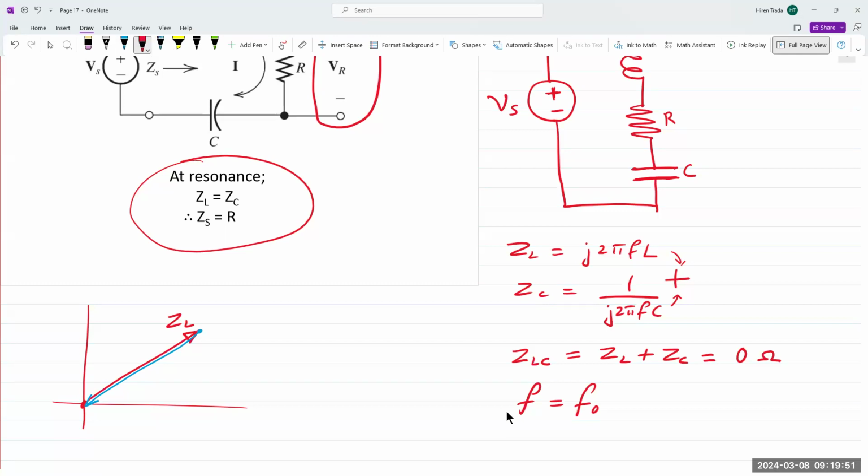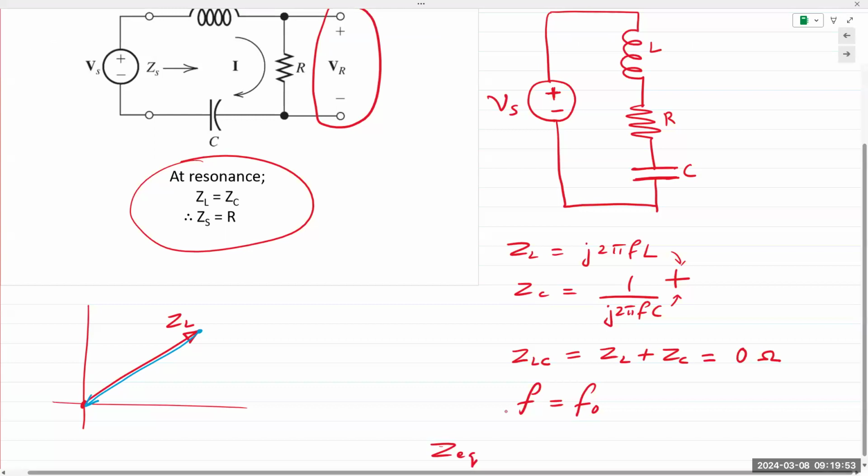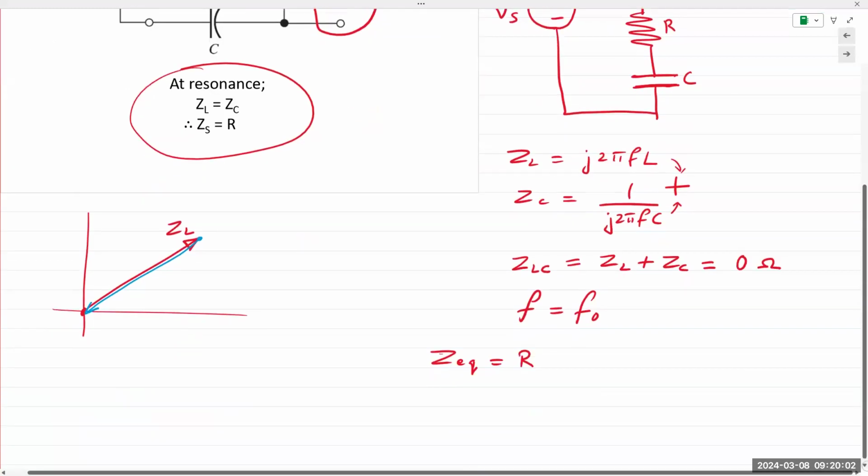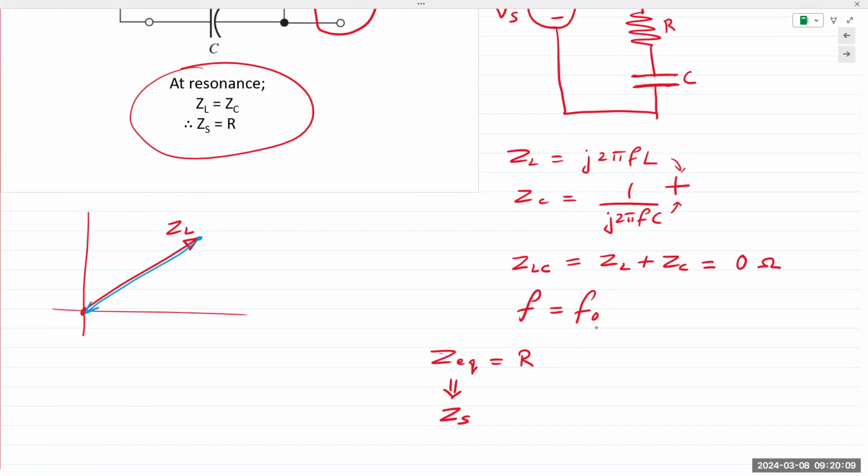And so the only thing left in the circuit would be R. The total equivalent impedance would be equal to the resistor R. And because it's a series circuit, this ZEQ is labeled as ZS, series impedance. It's purely resistive at that point, meaning the output that you would obtain across that resistor would be at a maximum.